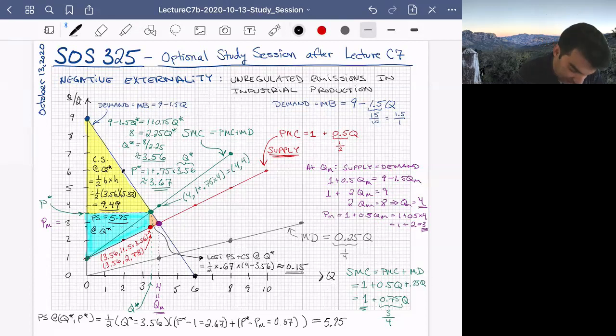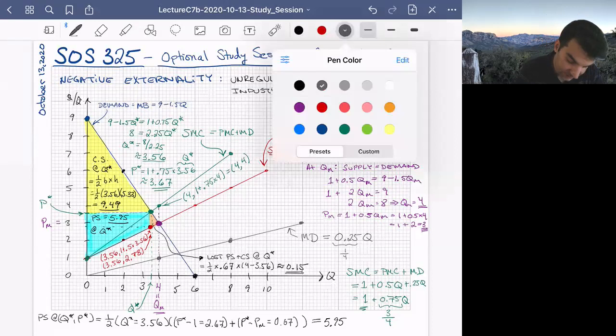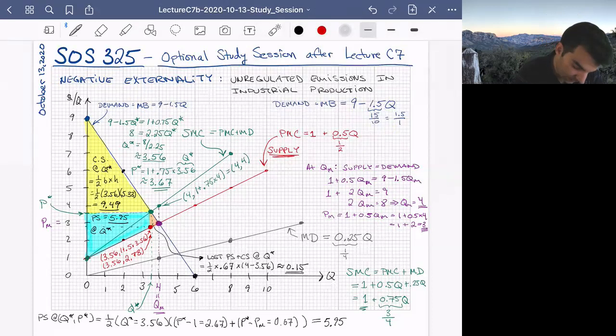And then the last thing that I might ask you to calculate, maybe I'll use a lighter shade, is the deadweight loss, which is this right here. And this is something I know from the muddiest points.